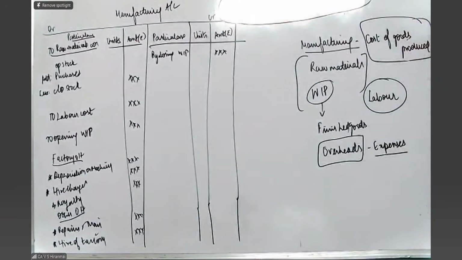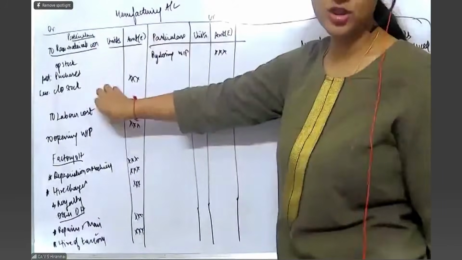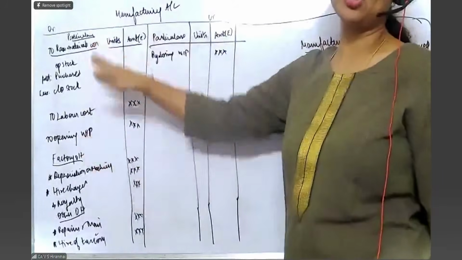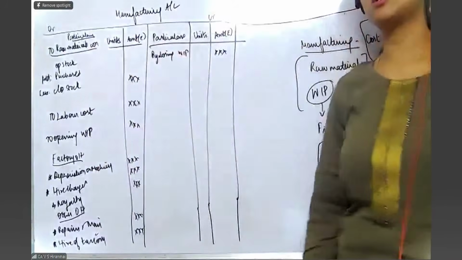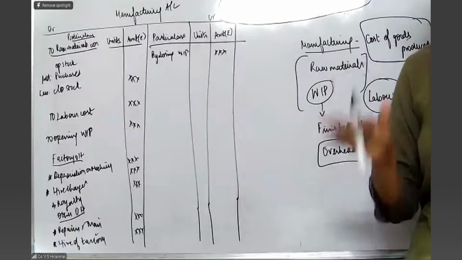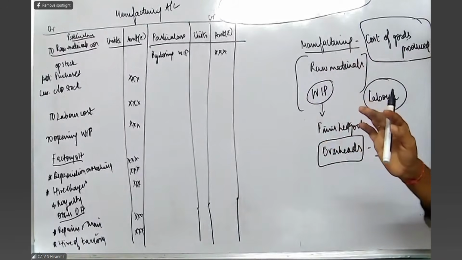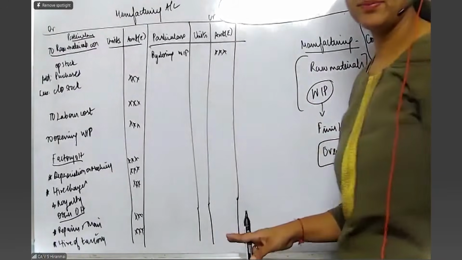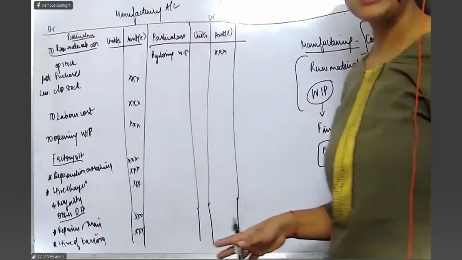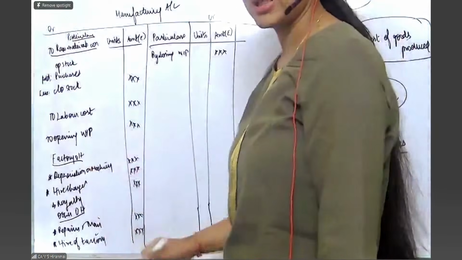Prime cost is the actual cost of your raw materials and your labor plus the factory overheads. All the three things put together is the prime cost. When you go to your intermediate level in your costing subject, you will understand the first thing is this prime cost. Clear, everybody? There is no example. Prime cost includes raw material, labor cost, and all of your factory overheads. That is your prime cost.